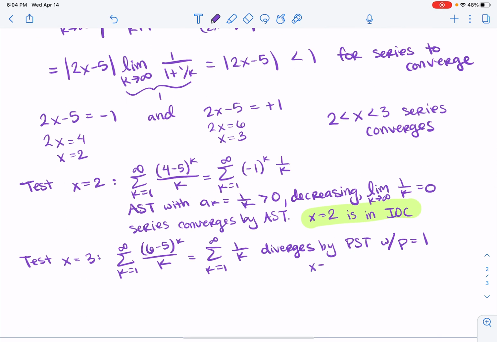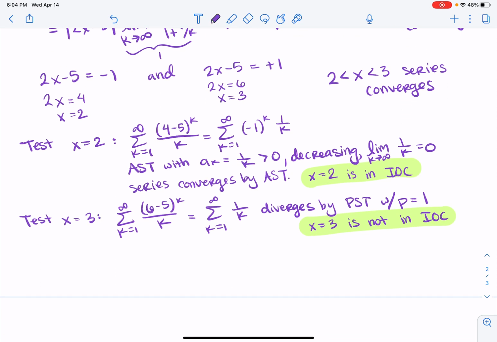So that means that x equals 3 is not in the interval of convergence. That's an important thing. So we would say then that the interval of convergence is equal to square bracket 2 comma 3 with a round bracket. And the radius of convergence is half of that, so ROC equals 1/2.